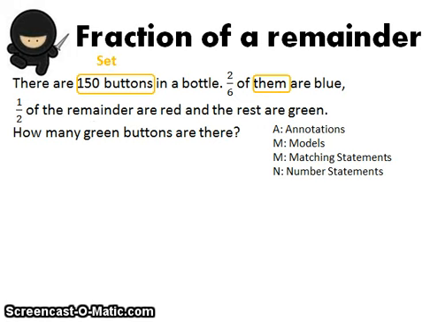We know the denominator refers to the number of units of a set, and the numerator refers to the number of units of the condition. So 2 refers to the number of units that are blue. 2 units out of 6 units are blue. Blue is the condition.